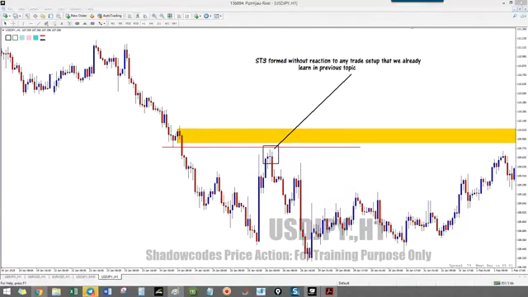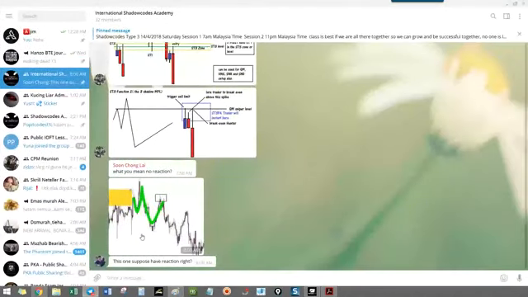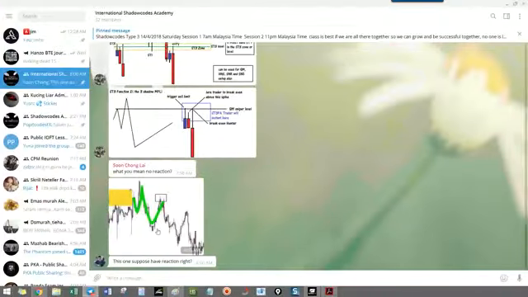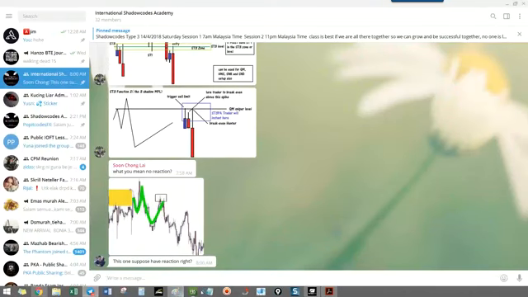Okay, this one is supposed to have reaction, right? Yes, it has reaction, but the height is too much different.